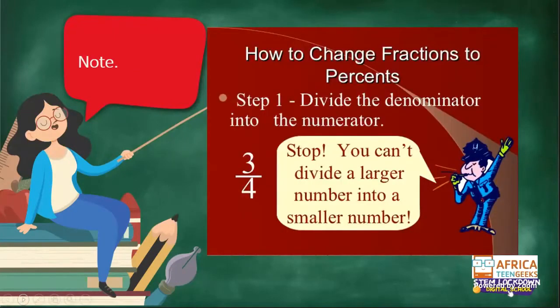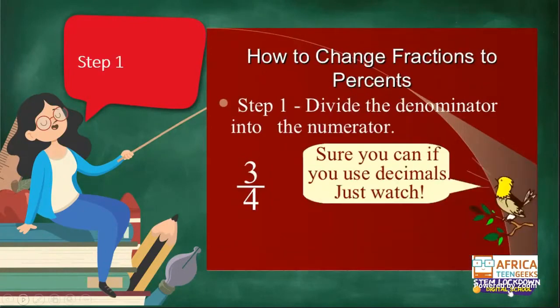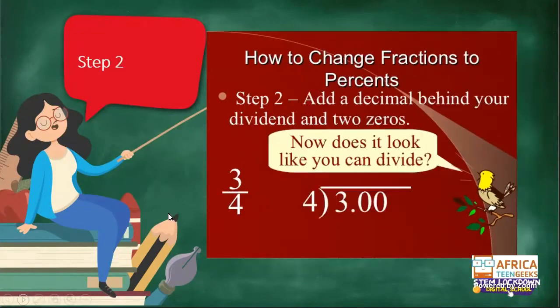Okay, I've already explained this, this is just to give it more detail. So the first step is divide the denominator into the numerator, which we've already done, and we saw that it doesn't work. Then we decided to use the long division method.